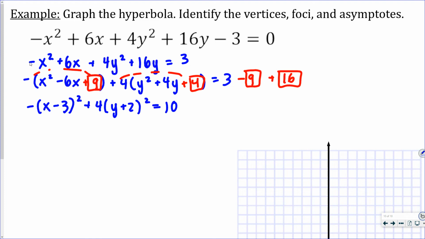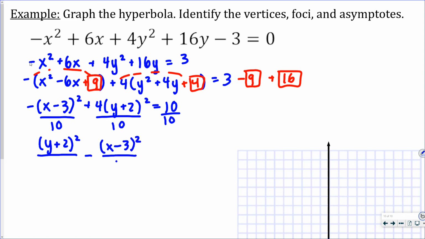If you're thinking this looks more like an ellipse, technically I'm going to divide by 10 and switch the order at the same time. So y plus 2 squared over, we'll come back to that number, minus x minus 3 squared over 10 equals 1.